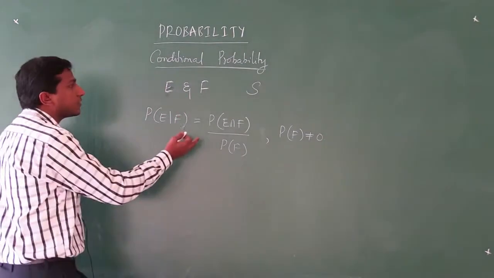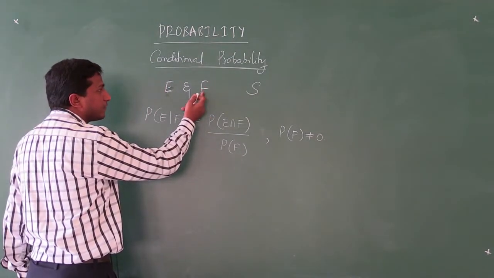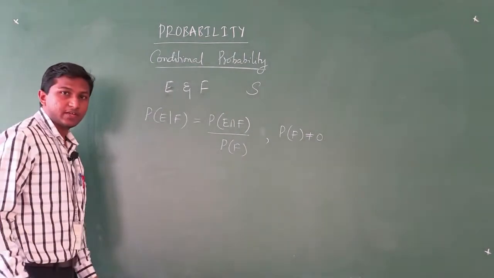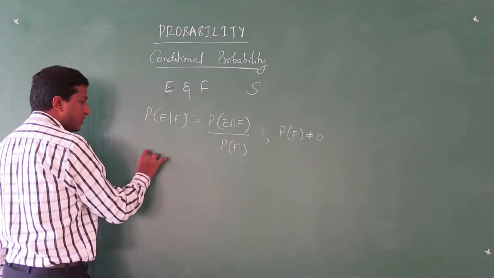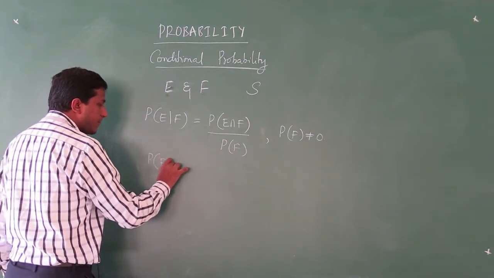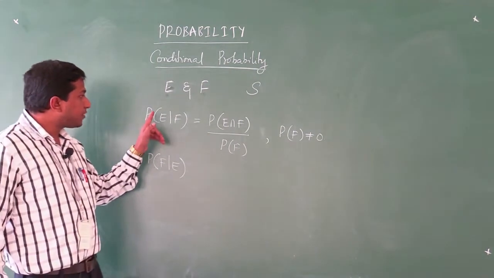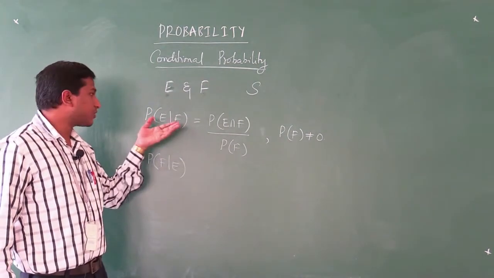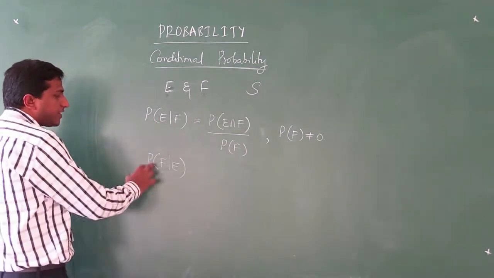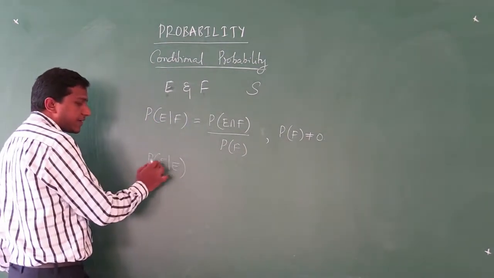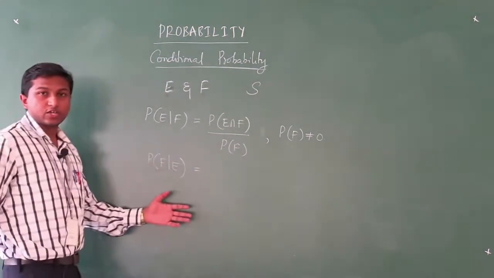Can we think about the conditional probability of event F with respect to event E? Definitely. The notation just changes to P of F bar E. Instead of P of E bar F, which is the notation for the probability of E with respect to F, we write the probability of event F with respect to E. What is this equal to?